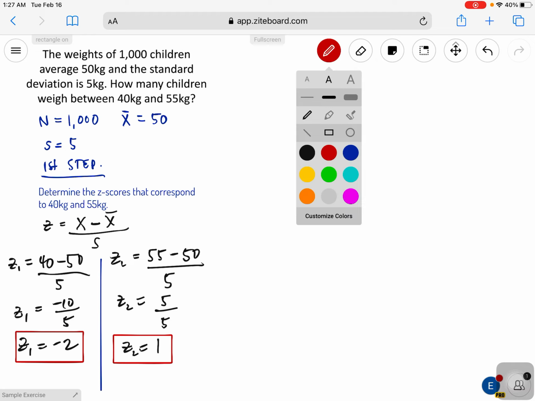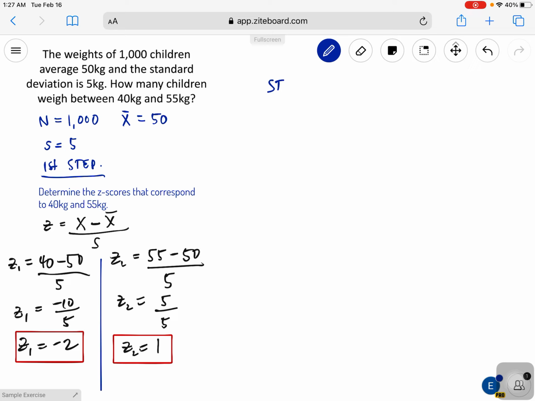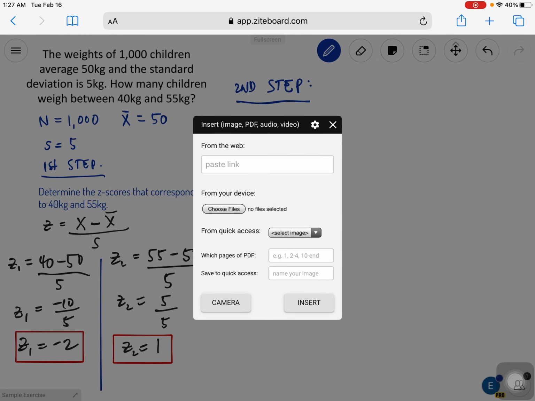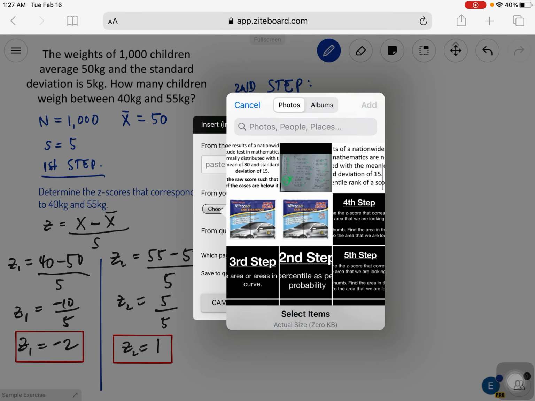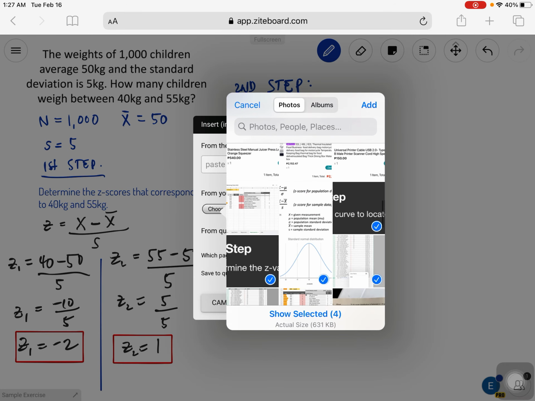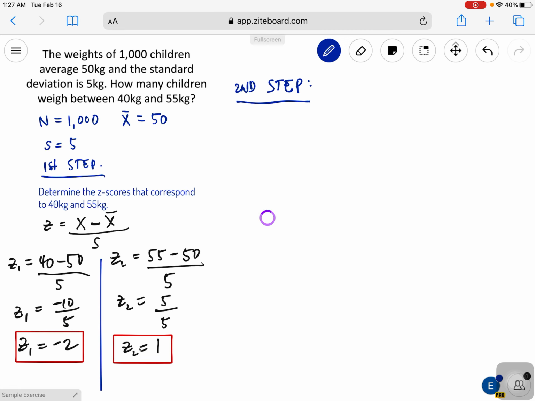Now the second step here is we will illustrate the normal curve. Then just insert an image of a normal curve. And we have to determine the areas that we're trying to look for here.